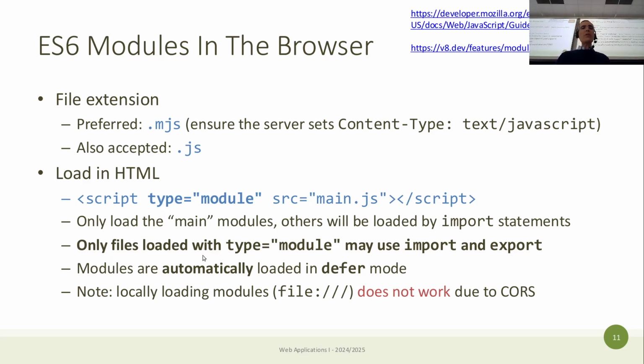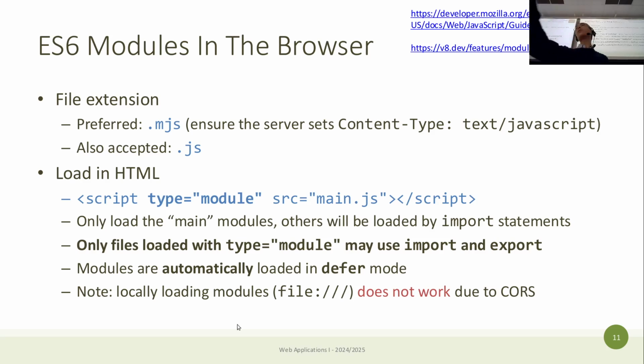Remember that only files loaded with type module may use the import and export keyword. So if you try on the lab and you just add the script source equal to my app.js, import and export don't work because they only work with type module. Okay? Modules are also automatically loaded in the fair mode, that we say that it's the best way of loading JavaScript. And unfortunately, you cannot load modules locally.